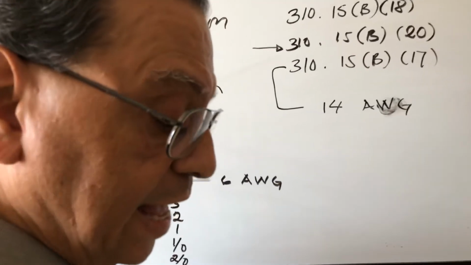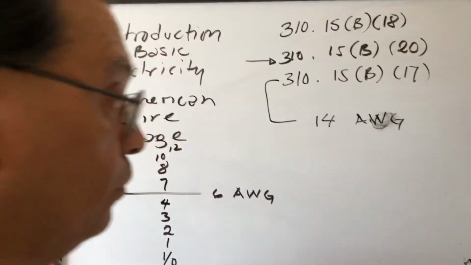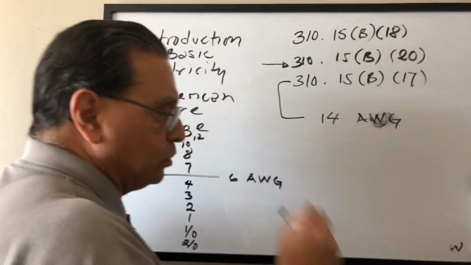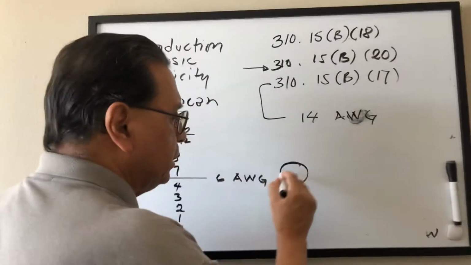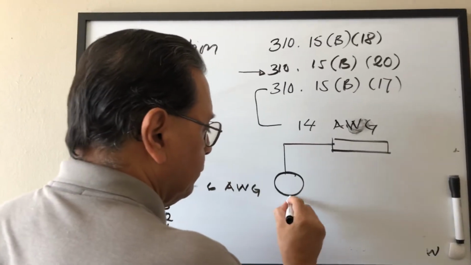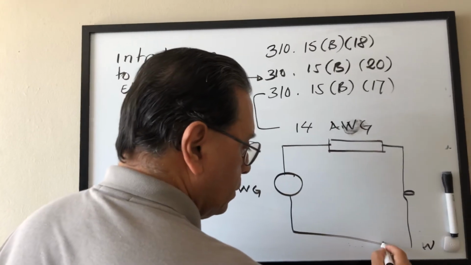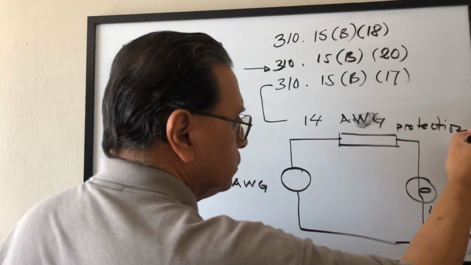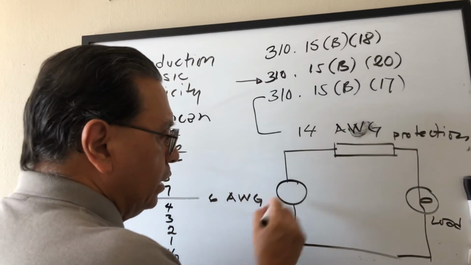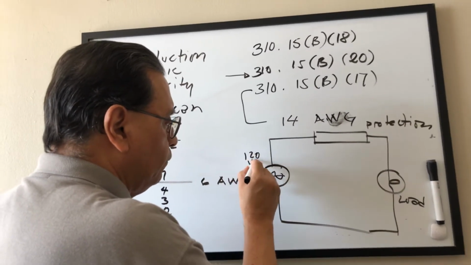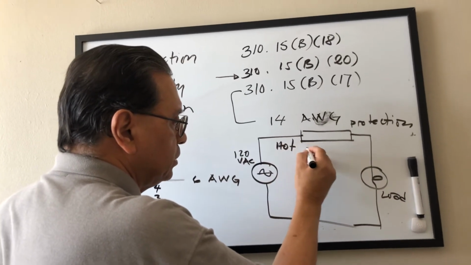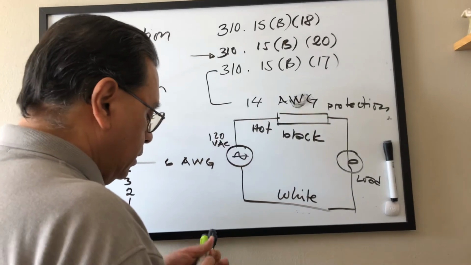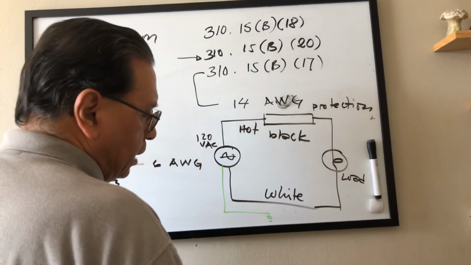Later on in class and in the lab, we are going to talk about these tables in more detail. So keep in mind, I am talking about the electrical conductors, the components that make up a basic electrical circuit. So I have the load here, I have the protection depending on the amperage that my load needs. I have the source here, in my example 120 volts AC, and I have the hot line, which is black, the neutral, which is white, and the ground conductor.